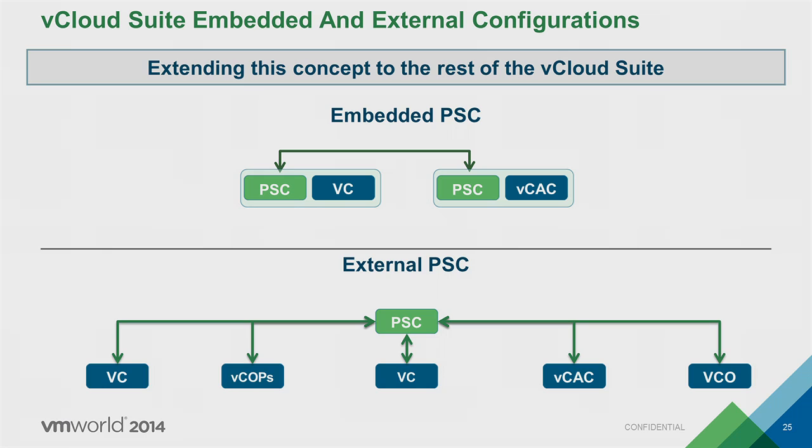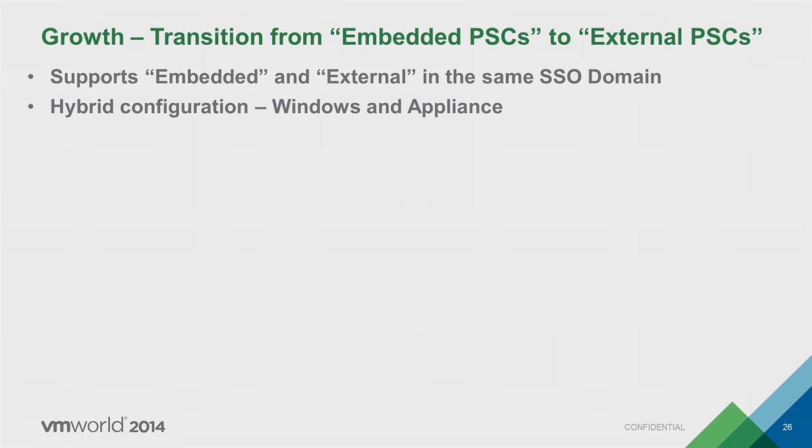And this is some of the reason why we're still supporting embedded up to 8, but lowering the recommendation down to 3. As more and more products start adopting the platform services controller, you're going to get up to that number 8 pretty quickly. And therefore, as you may be at 3 or 4, you start thinking, well, eventually I'm going to get to 8, let me start planning for it now, which is a good lead into the next slide.